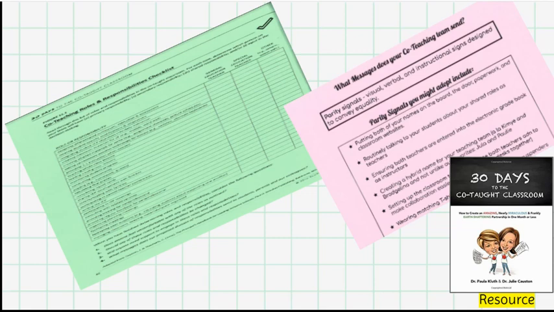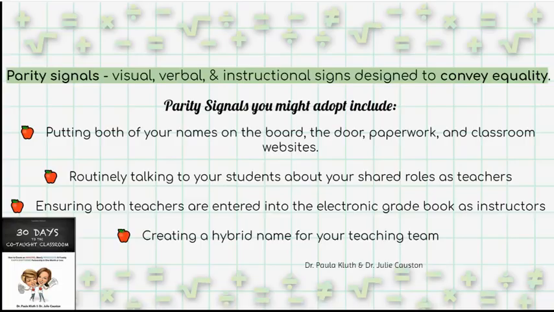And the other piece we're going to share with you is what message does your co-teaching team send to others, especially students. In this book, The 30 Days to the Co-Taught Classroom, Dr. Paula Kluth and Dr. Julie Costin give you a list of different ways to include parity signals.